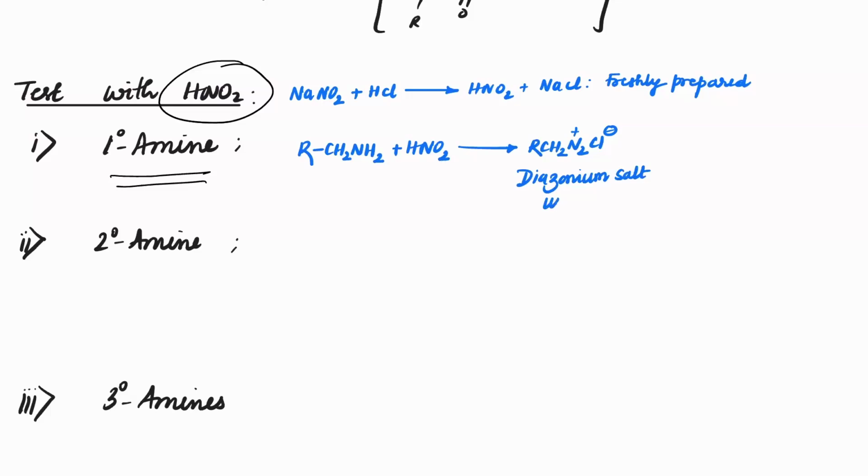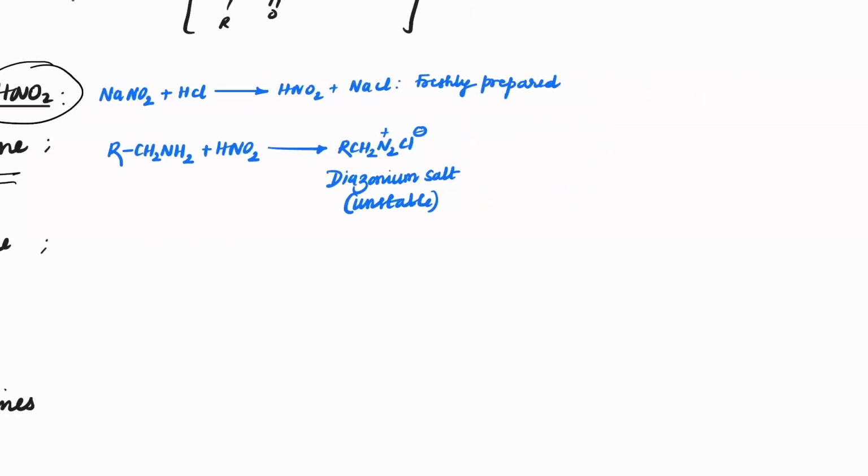It is highly unstable. And since you are keeping this in aqueous solution, we will expect this to form a carbocation. Furthermore, hydrolysis will happen and we will see N2 gas coming out. Okay, Cl minus will be separated and alcohol formation is the major product.